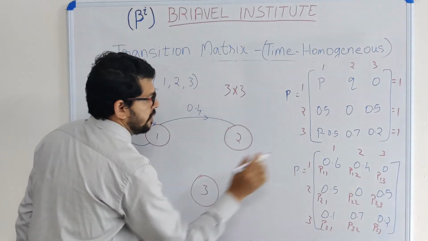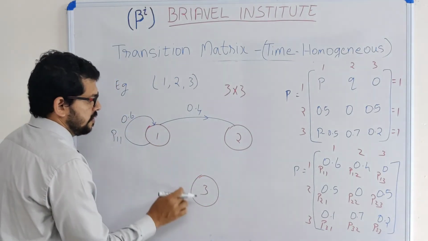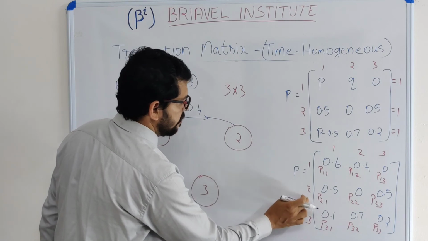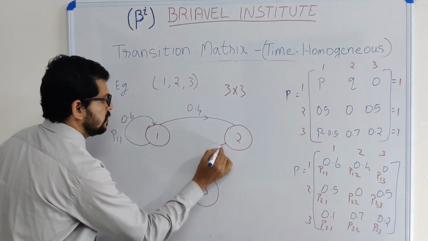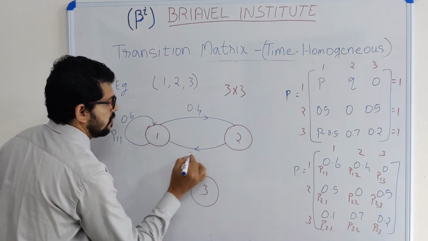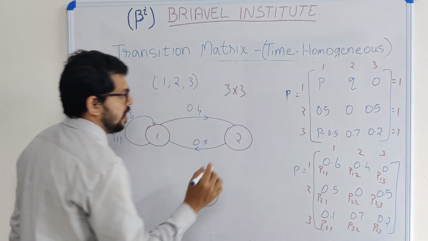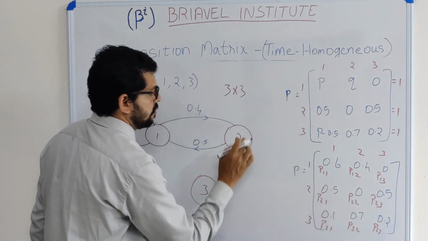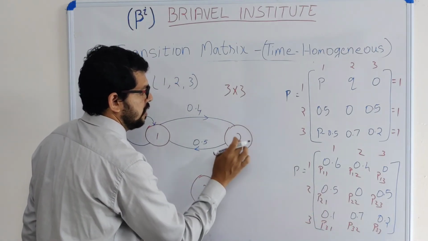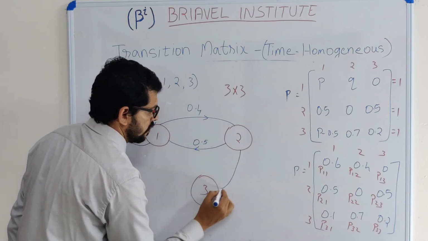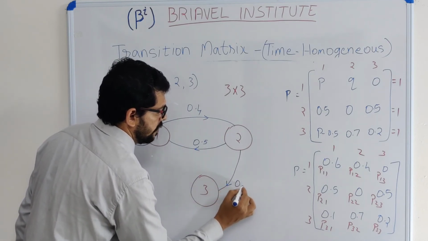For P13, there is no transition from 1 to 3. Next, the second row: P21 is returning back, 0.5. P22 is equal to 0, so nothing stays in the same state. And P23 is equal to 0.5.